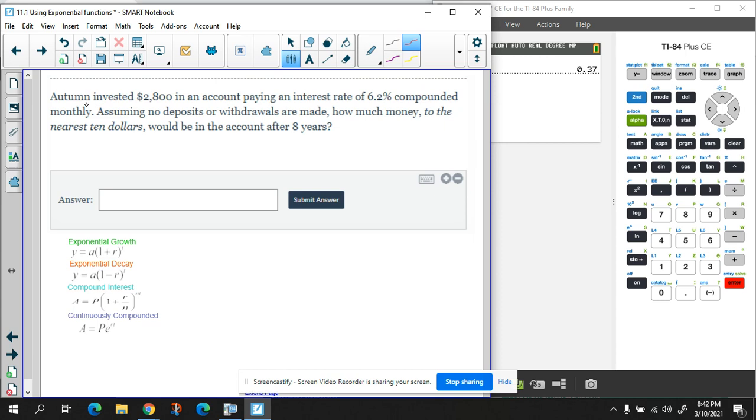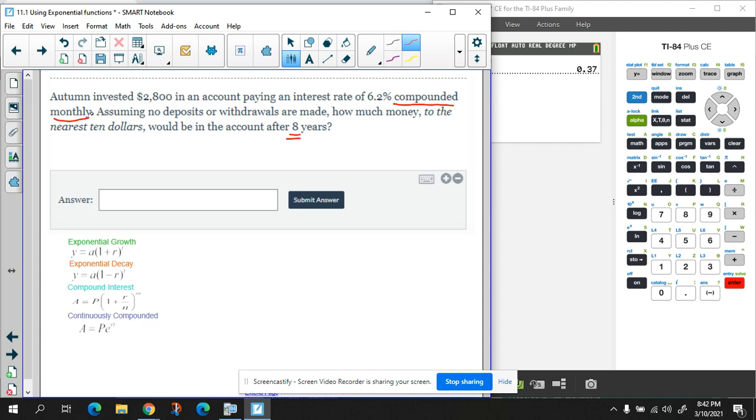Couple more examples. If we invest $2,800 in an account and we know the interest rate is 6.2%, the key is compounded monthly. Assuming no other deposits or withdrawals are made, how much money will we have to the nearest $10 after 8 years have gone by?